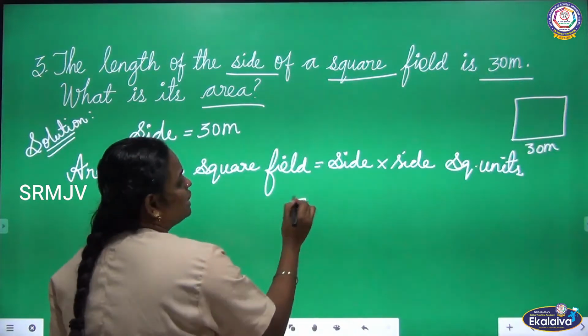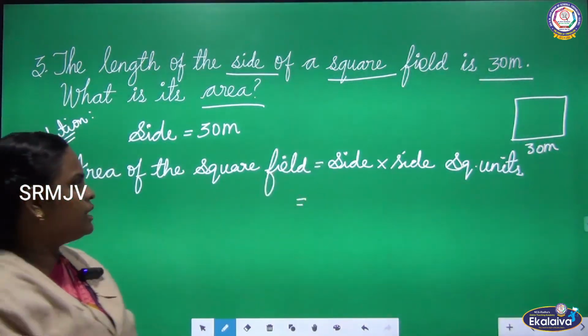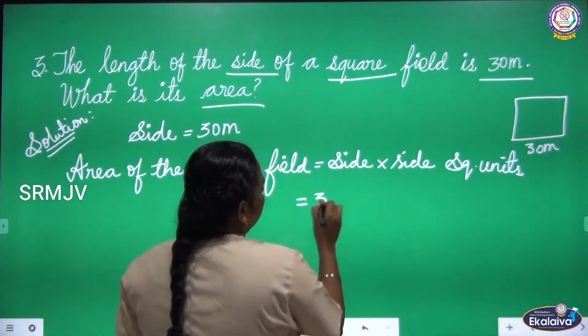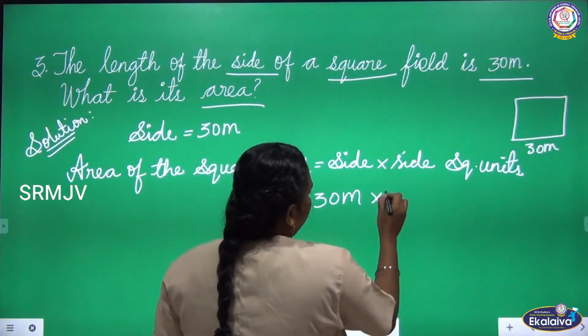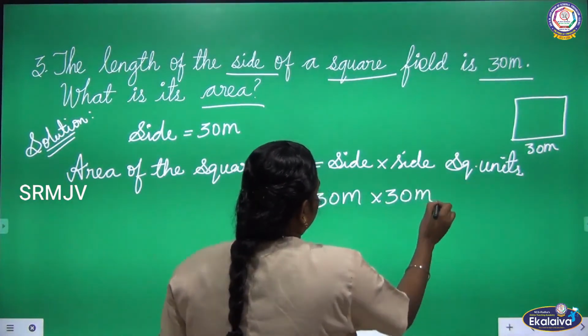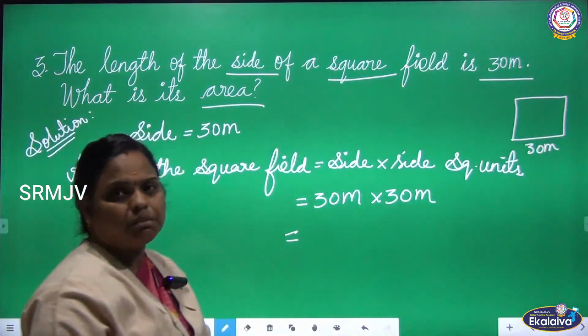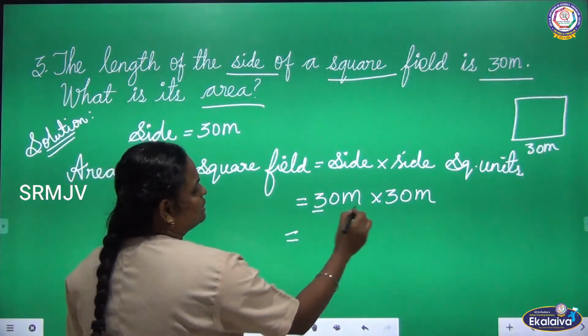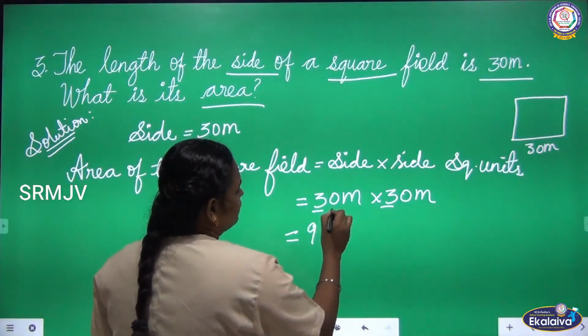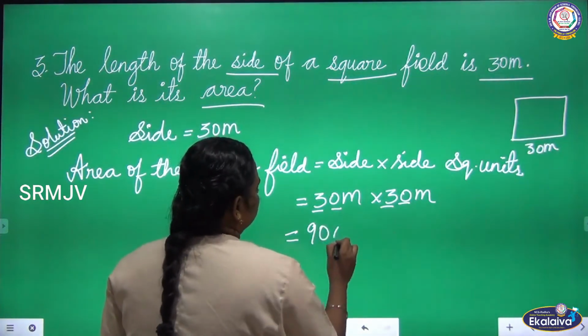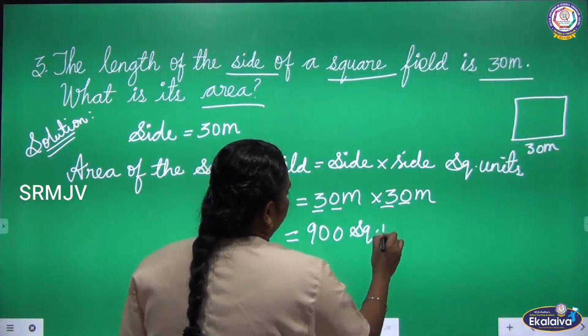So what is the side they have given, children? 30 meter. So you can write 30 meter into 30 meter. So 30 into 30, you can multiply the number, then at last you can add the zeros. So 3 3s are 9, then how many zeros? 2 zeros. So 900 square meter.